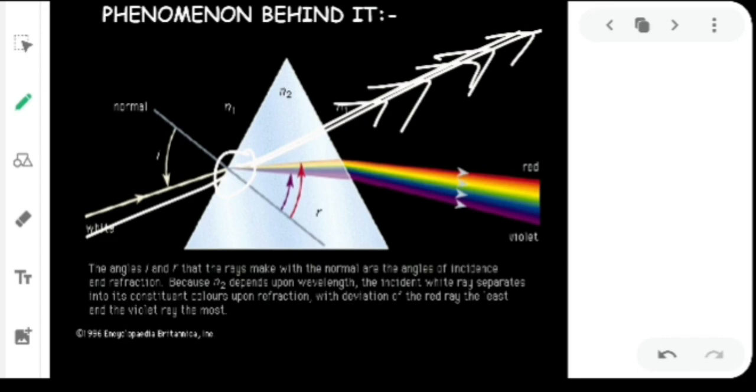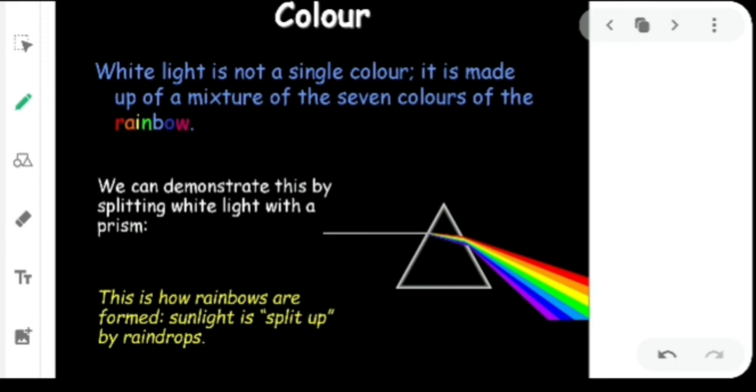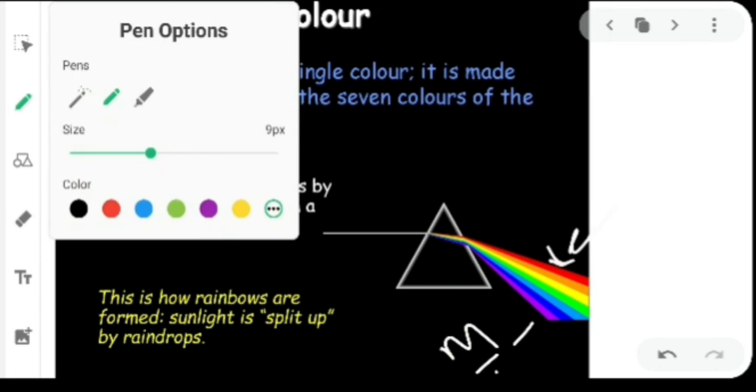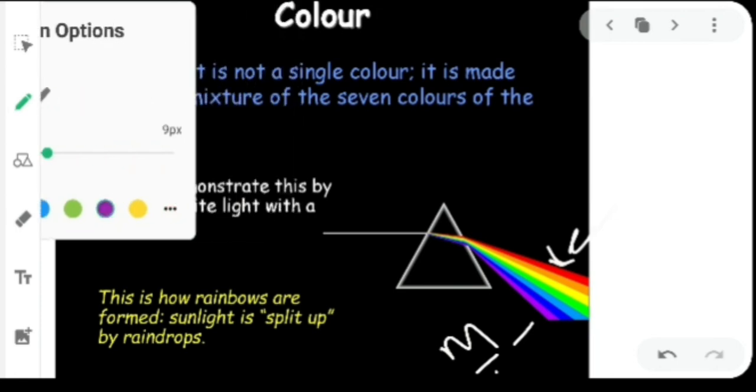Here, in this deviation, the red light has the least deviation, and the violet light has the most. So while they are splitting, what is the exact measurement of this light?